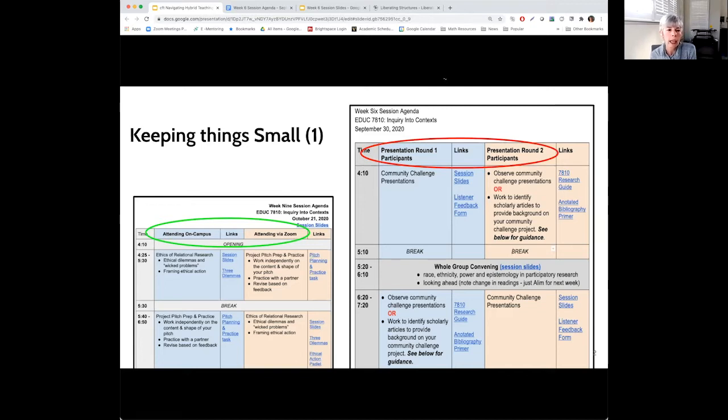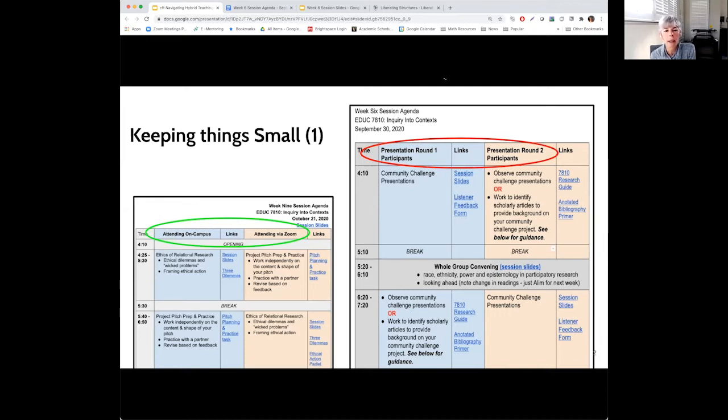So what you're looking at on this screen is 2 sample agendas. In one of them, I divided the students; how they proceeded through the 3 hours depended on whether they were on campus or not. In the one on the right, they were doing some very mini presentations.